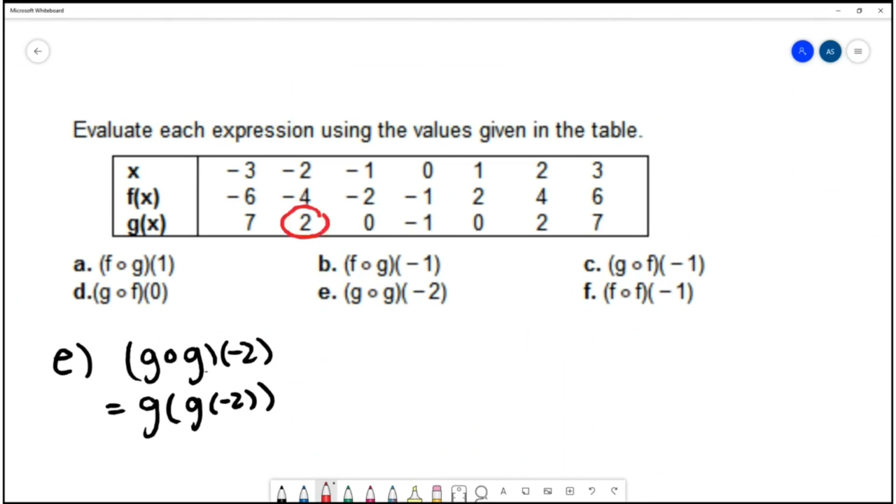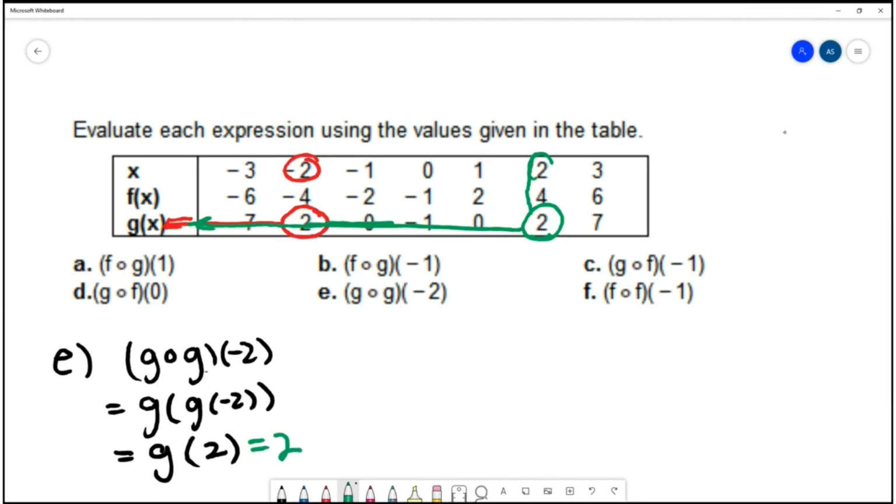So g of negative 2 is right here, an x value of negative 2, and this last row are my y's for the function g. So g of negative 2 is 2. g of 2 is right here, an x of 2, and my y's for g. So g of 2 is 2.